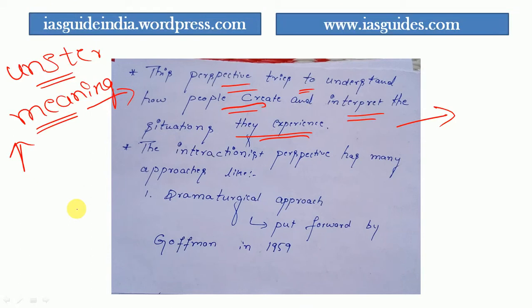That is the reason the meaning people give to social phenomena is socially constructed by people. People change, new people will come, so whenever there is a huge transformation in people's thinking, the socially constructed meaning also changes.